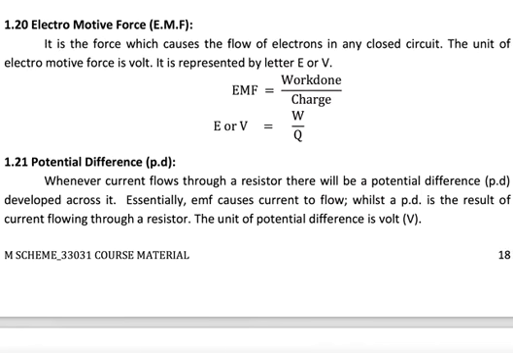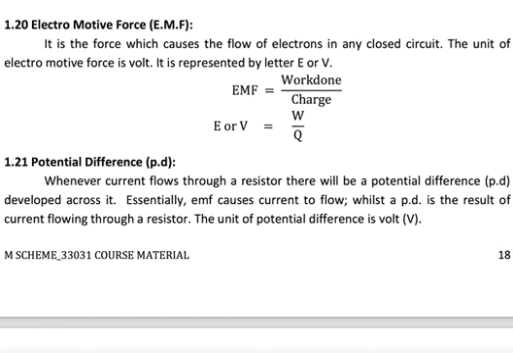What about potential difference? When current flows through a resistor, a potential difference, PD, is developed across it. Essentially, EMF causes the current to flow, while a PD is a result of current flowing through a resistor. The unit of potential difference is volt.